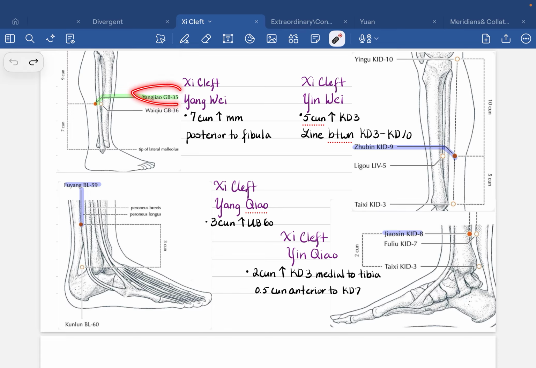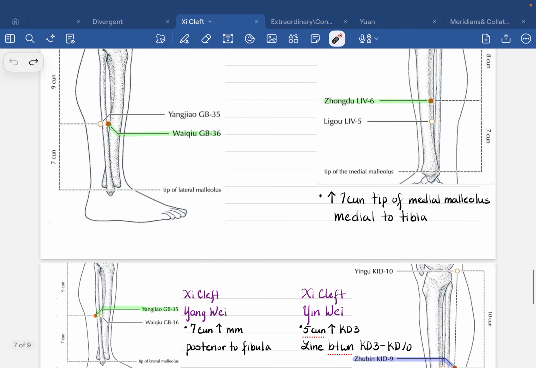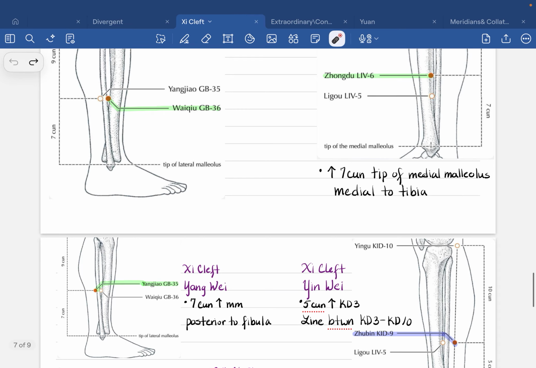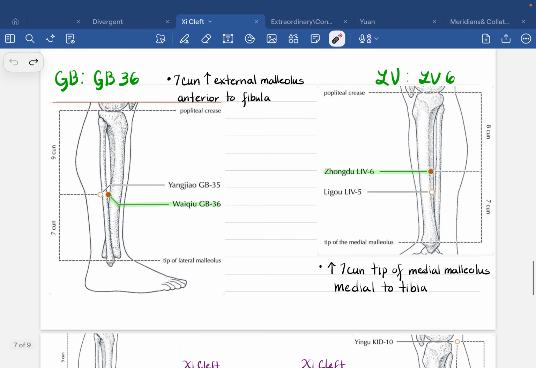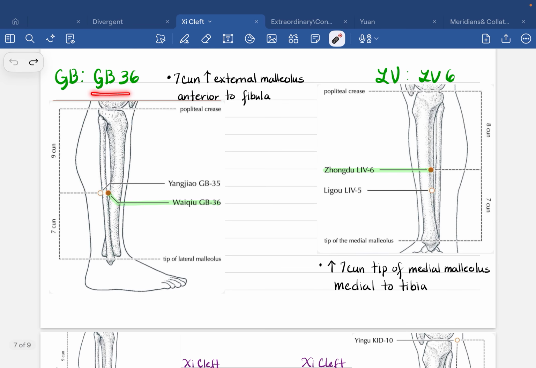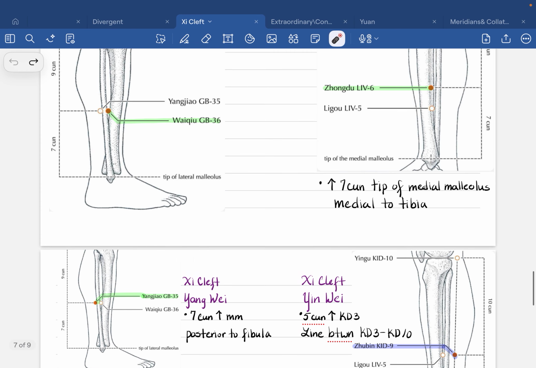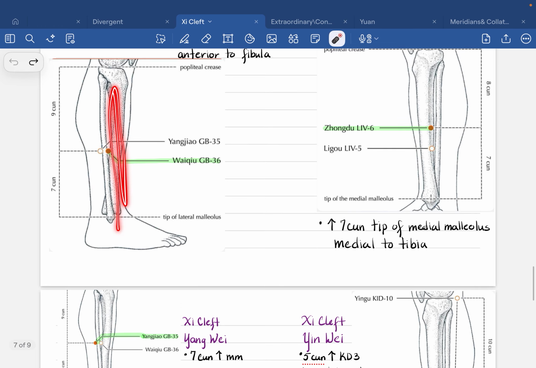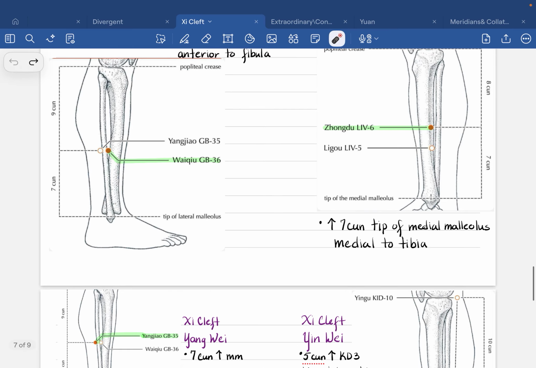So by this already we know it's behind the fibula because 35 and 39 are behind and it's 7 cun up. So you can remember these two quite easily. You see, xi-cleft of the yang wei is GB 35 behind, 7 cun up. Xi-cleft of the GB is GB 36. We know that it's going to be in the front of the fibula, but also 7 cun up. So you can remember right here, see?